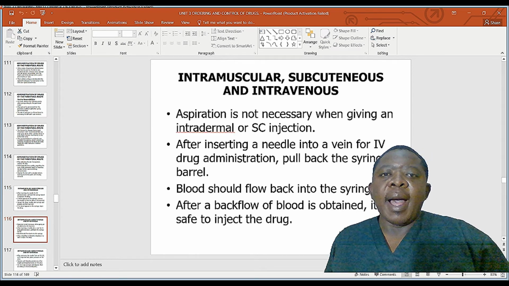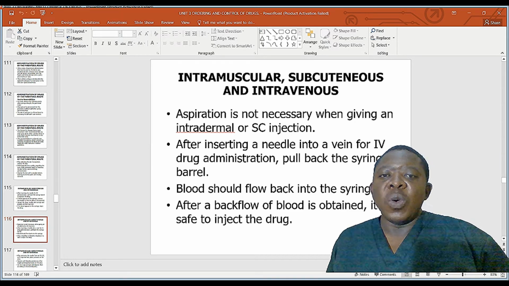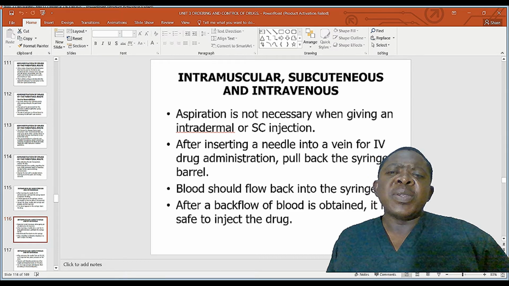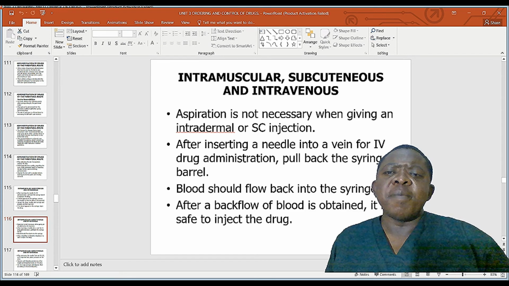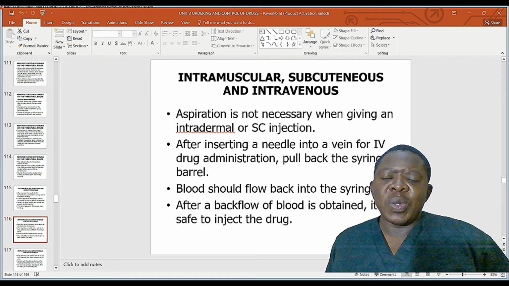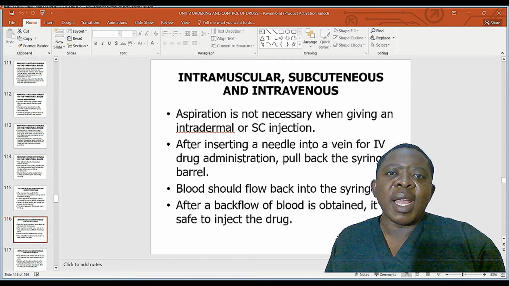Okay, aspiration is not necessary when giving an intradermal or subcutaneous injection. After inserting a needle into a vein for intravenous drug administration, you can pull back the syringe barrel. Blood should flow back into the syringe. So after backflow of blood is obtained, it is safe to inject because you are now directly in the vessel.